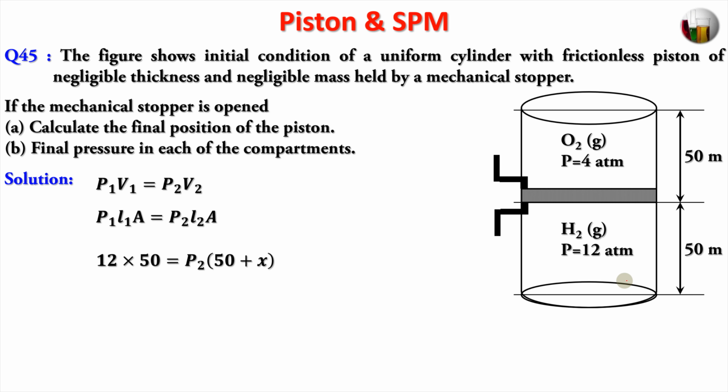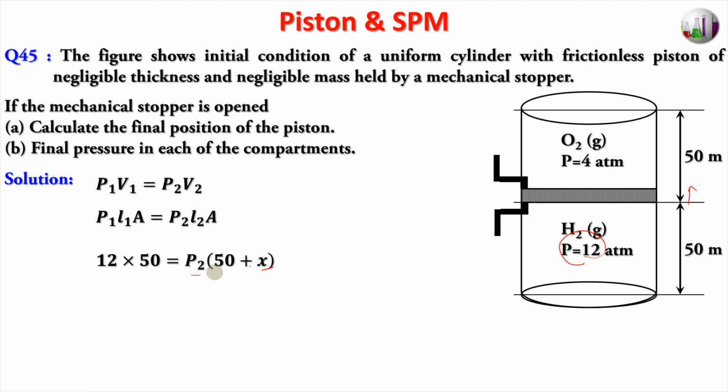So 12 into 50 is the final pressure of hydrogen here into 50 plus X, because it is going to move up. So we have two variables, X and P2.